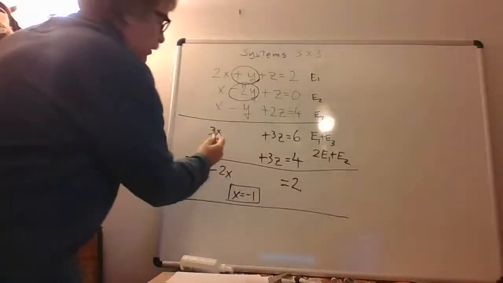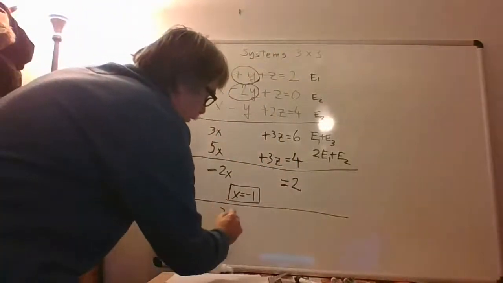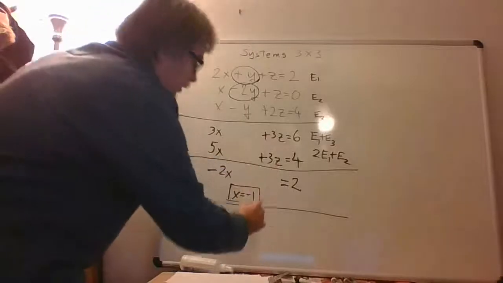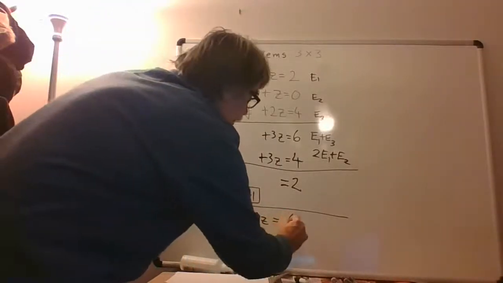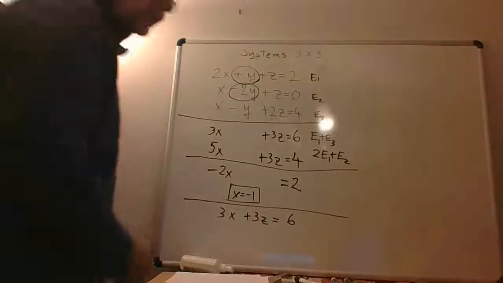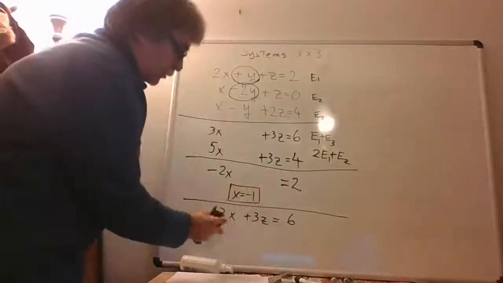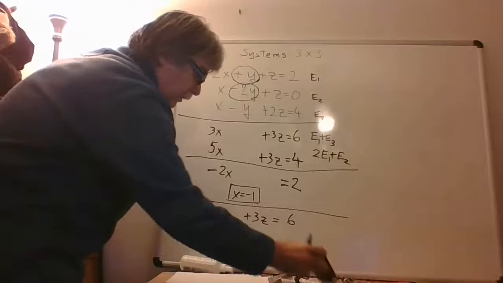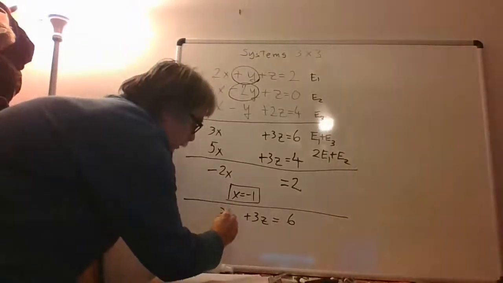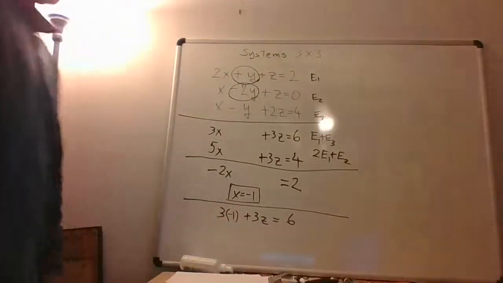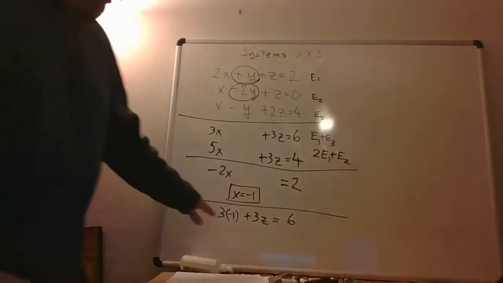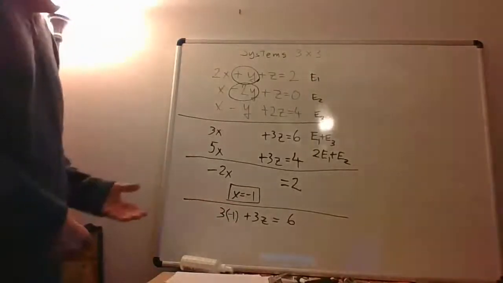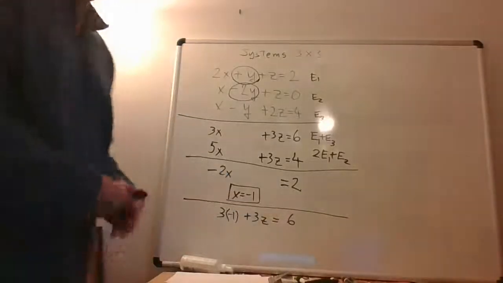So I'm going to use this equation, it says 3x plus 3z is equal to 6. Okay? Now we know what x is, right? I just found that to be -1. So I'm going to replace x with -1. So I have now 3 times -1, which is -3, plus 3z is equal to 6.